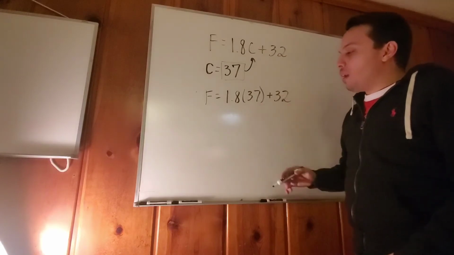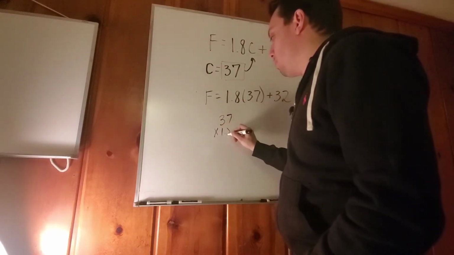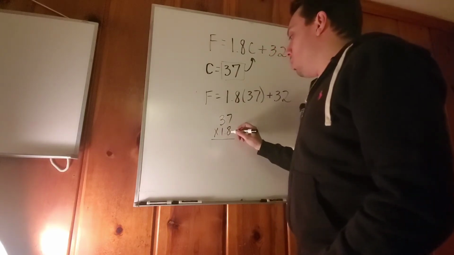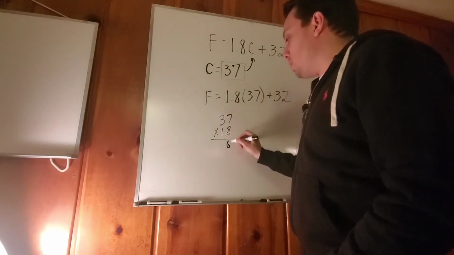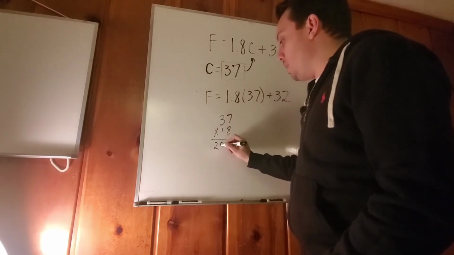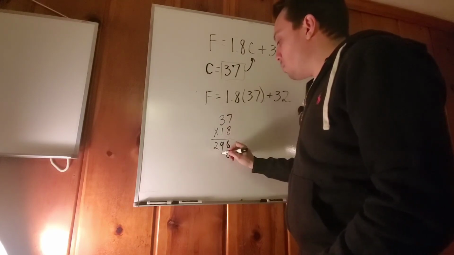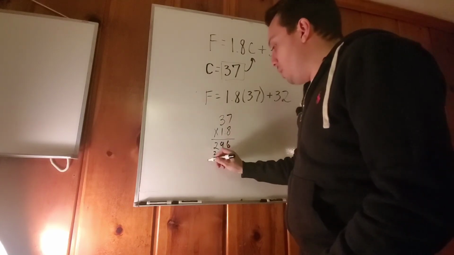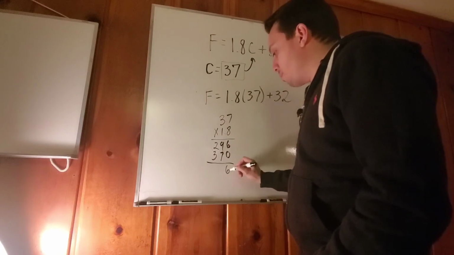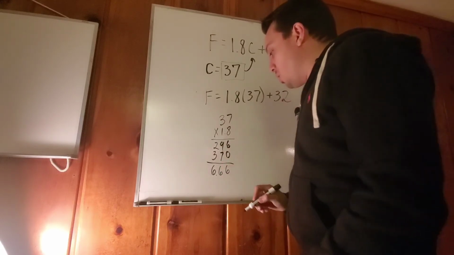Okay, so then we have to multiply 37 times 1.8. 8 times 7 is 56, and a 5 goes up. 3 times 8 is 24, plus 5 is 29, right? And a 0 as a placeholder, and then 1 times 7 is 7, and 1 times 3 is 3, right? And then 6, 9 plus 7 is 16, and a 1 goes up.